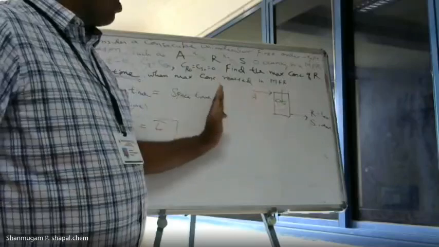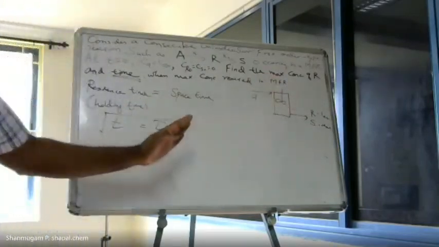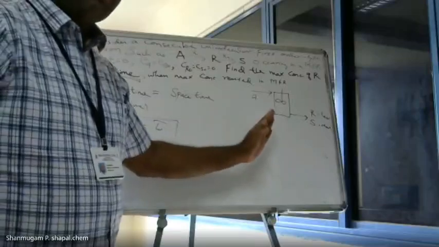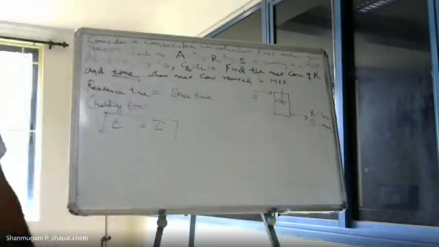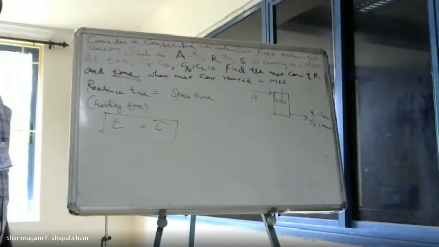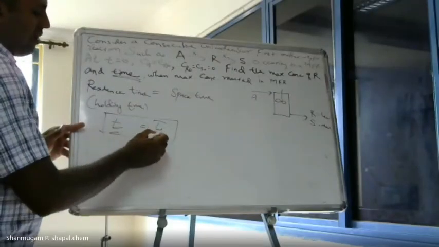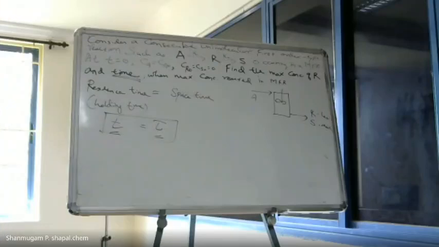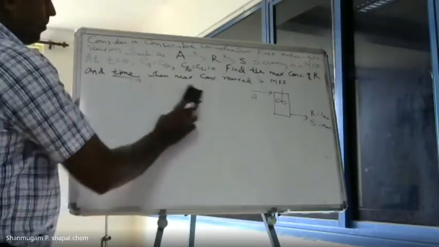That means the reactant which enters into the reactor spends the same time as all the other reactant, and then it leaves the reactor. This is what the idealness is. So the residence time will be the same as the space time here. So we need to remember this.